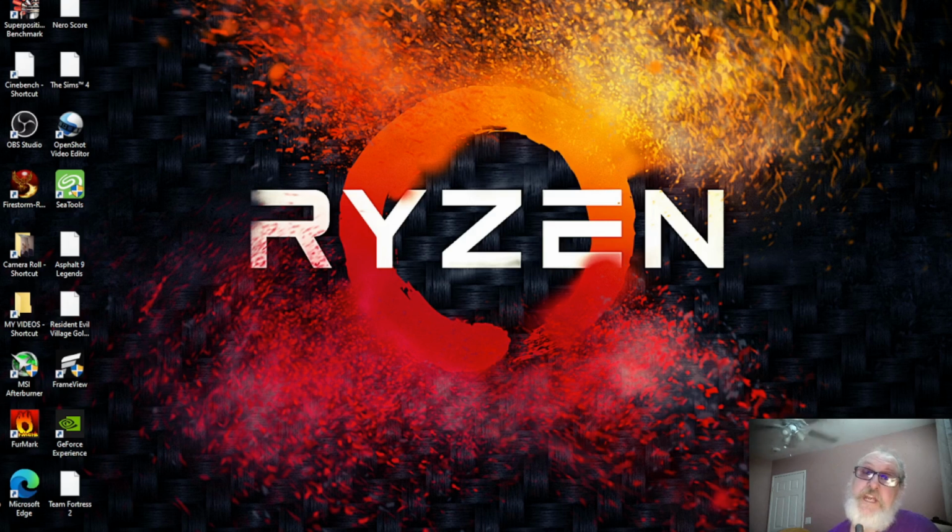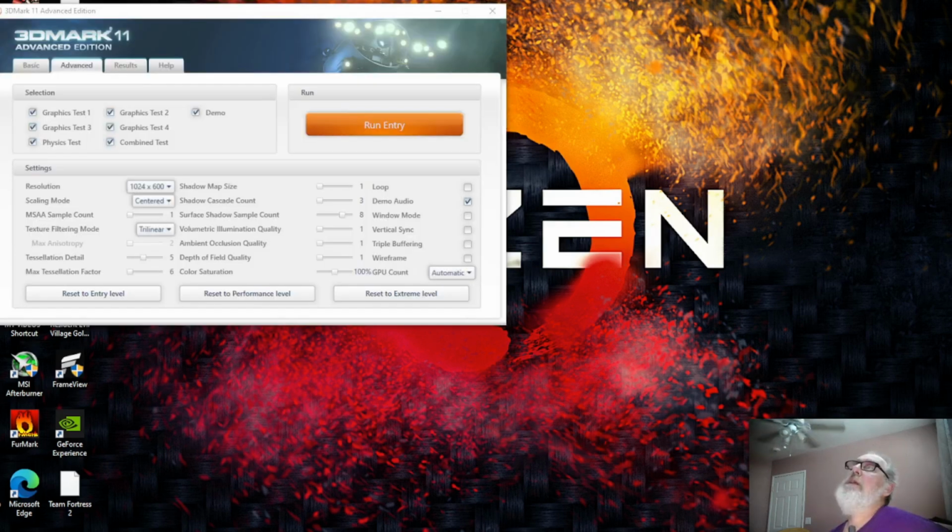We changed it to this monitor because some of the testing will be done on the primary monitor rather than the secondary. So I have to switch it from the secondary back to the primary, so y'all can see the testing. What we're going to accomplish is performance testing. Alrighty, let's run 3D Mark 11.